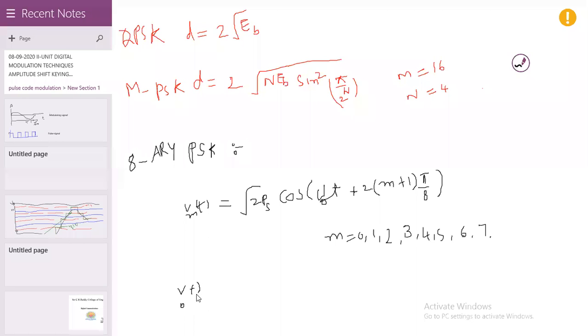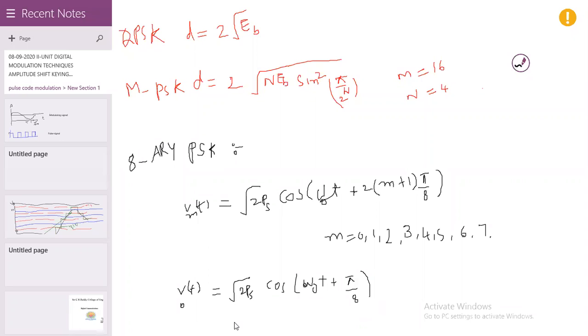Then V0 of t equal to root of 2Ps cos of omega naught t plus, substituting m is equal to 0, pi by 8.